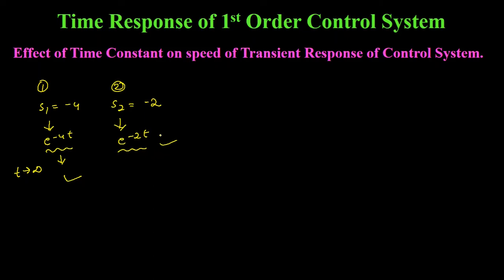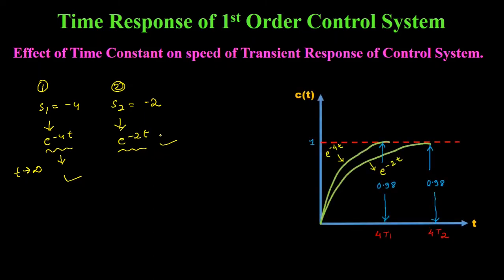This is the transient response of the two systems. Here we can see that the system with the term e to the power minus 4t will vanish more quickly and will reach the steady state earlier than the e to the power minus 2t system.